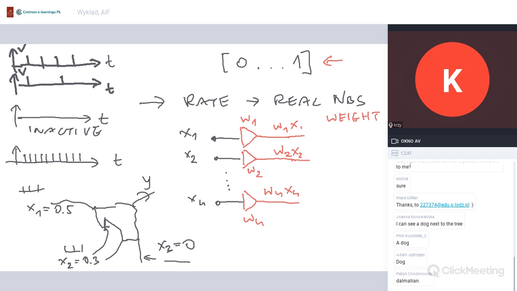Now I have weighting factors. These weighting factors can be positive. If they are positive, that means I will have an excitatory synapse. And if this value is negative, then I will have an inhibitory synapse. So this is a very good, very accurate modeling of these complex processes that take place in a real cell.